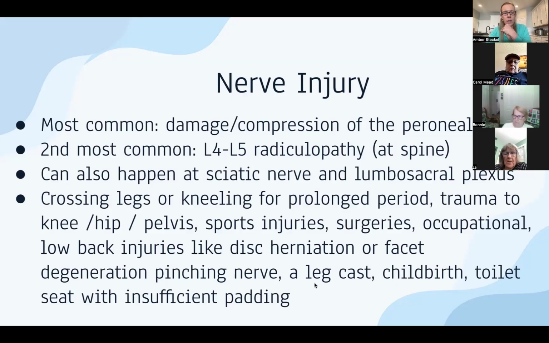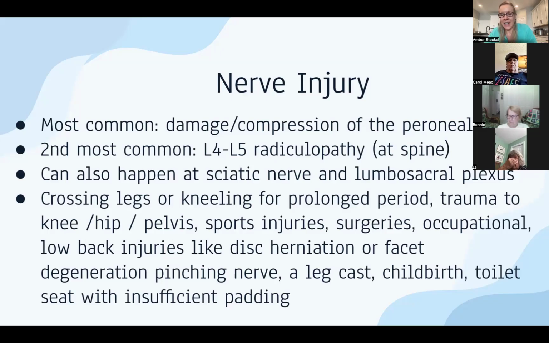What other one was I going to say? Oh yeah, toilet seat with insufficient padding. This is like for someone who has a very low percentage of fat, like they're very emaciated and there's no fat pads. Our body is covered with fat pads over certain bony prominences to prevent the bone from tearing through the skin and muscle.